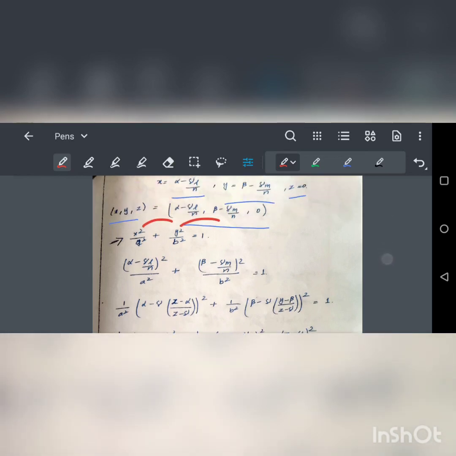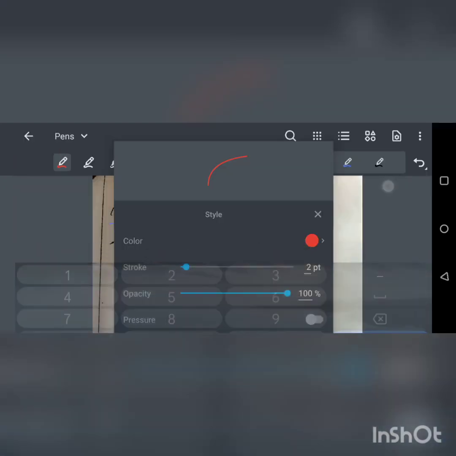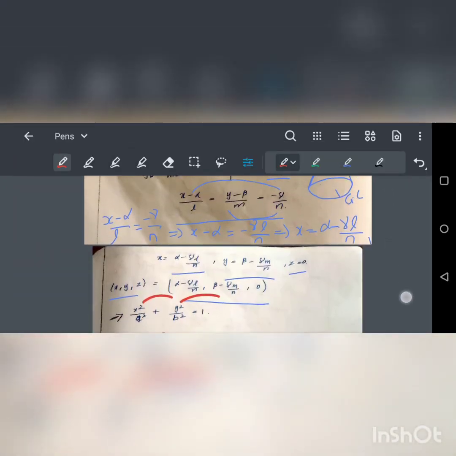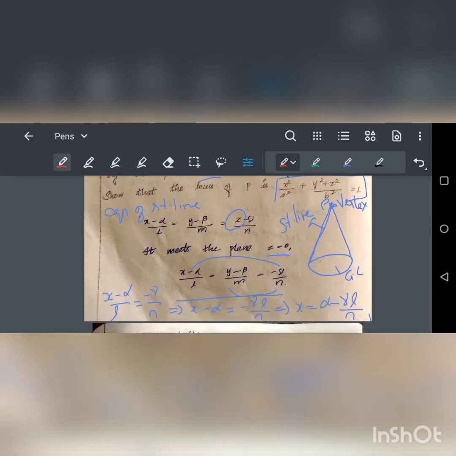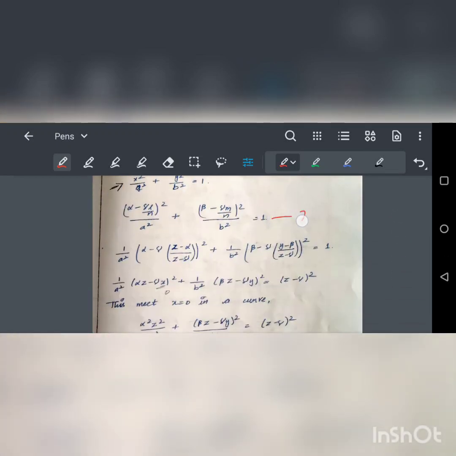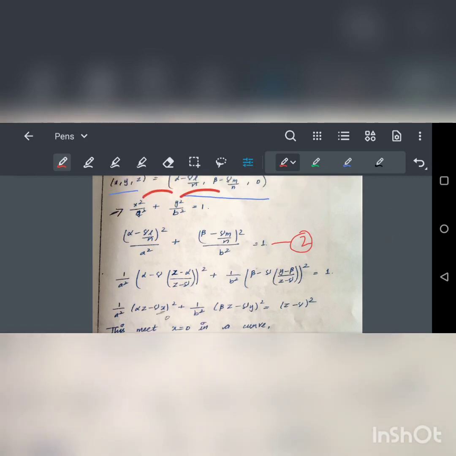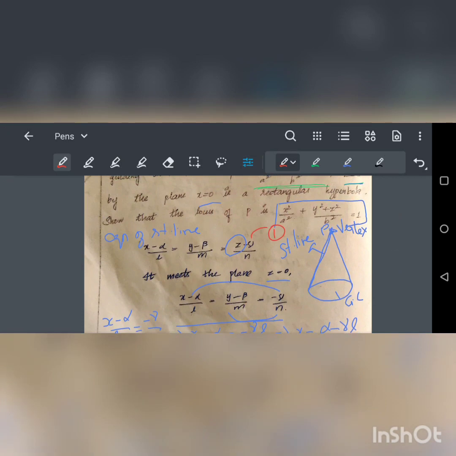Since I need to eliminate alpha, L, m and n from this equation 1 and this equation 2, what I can do is, here I need the values of L by n and m by n. So go back here, take these two things.